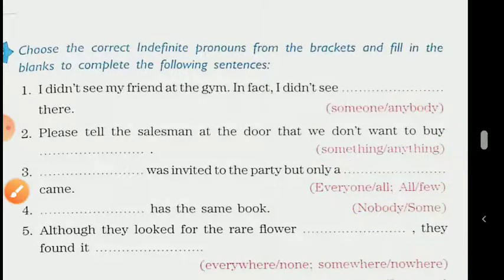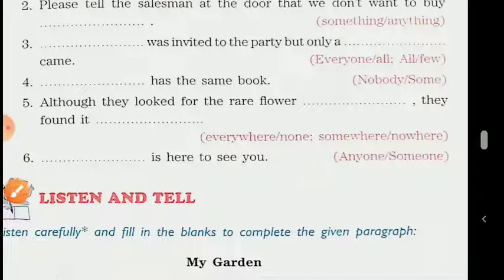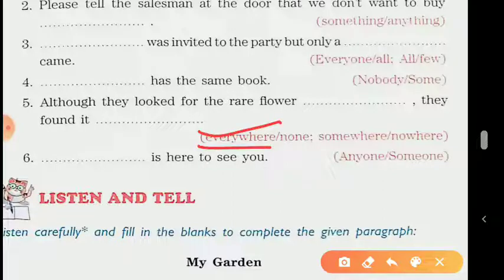Fifth, although they looked for the rare flower everywhere, dash, everywhere or none. So here when place is related, we'll be using, children, everywhere. Although they looked for the rare flower everywhere, they found it somewhere or nowhere.